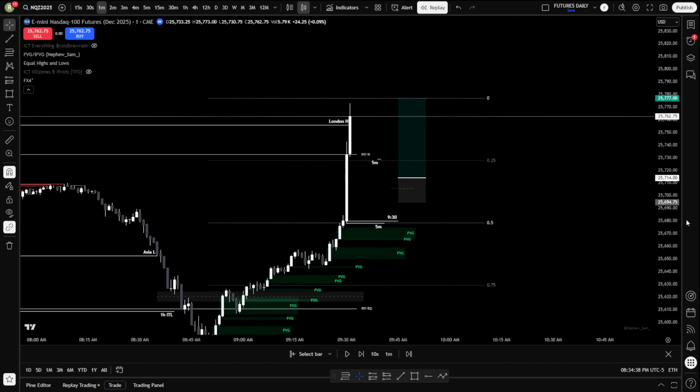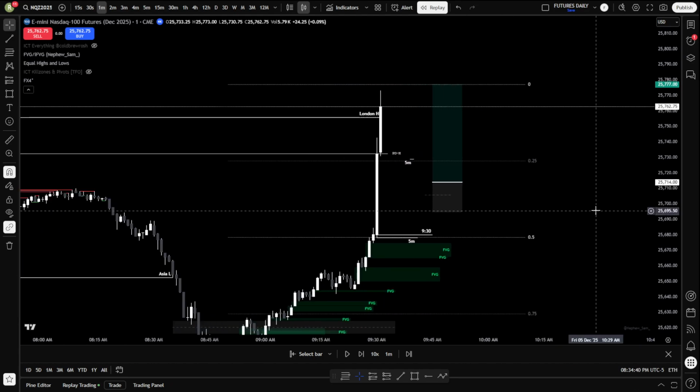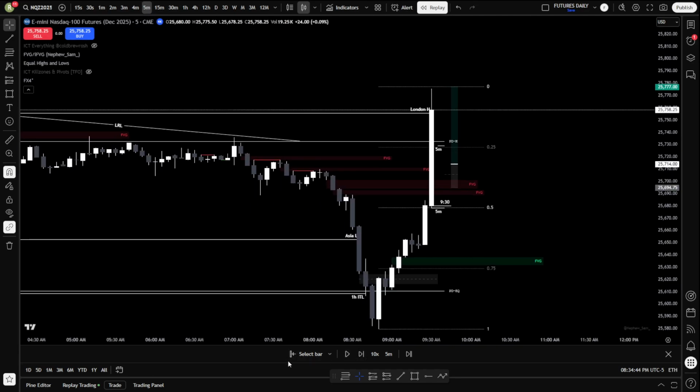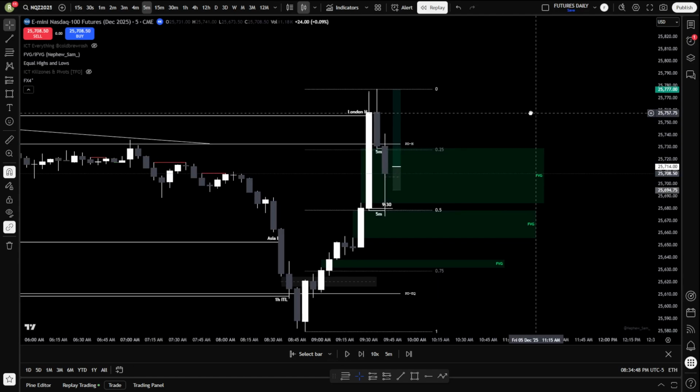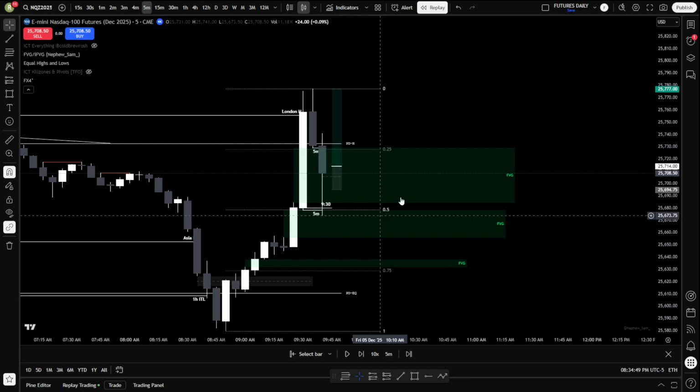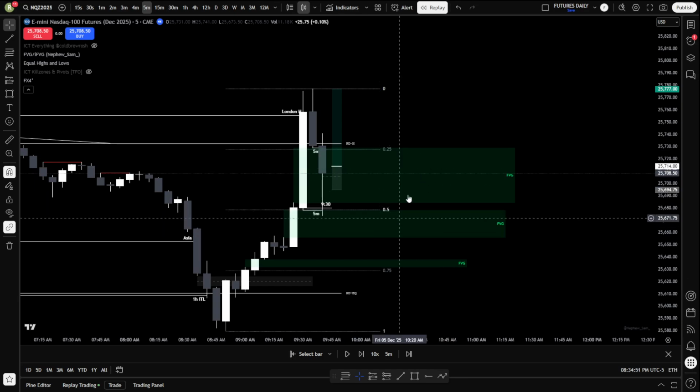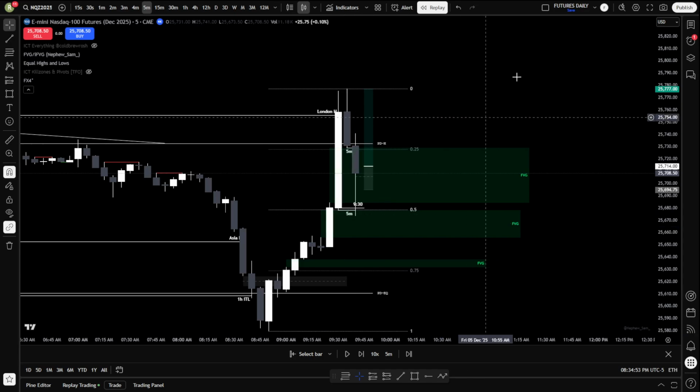So we had a bit of an SMT, but I also then saw that we had formed, I'll show you guys, these two bullish 5-minute fair value gaps here right after open, okay?